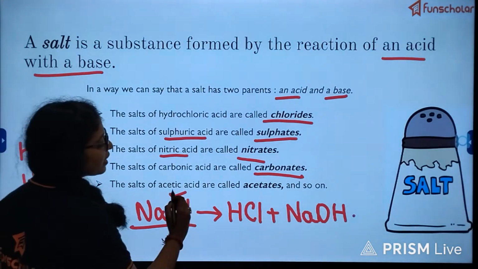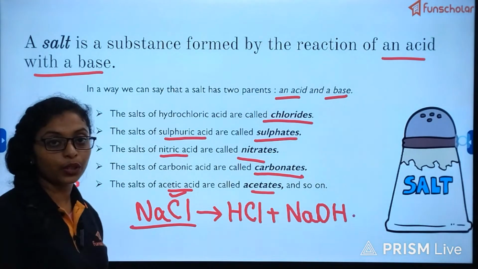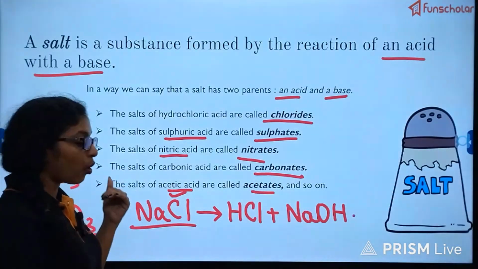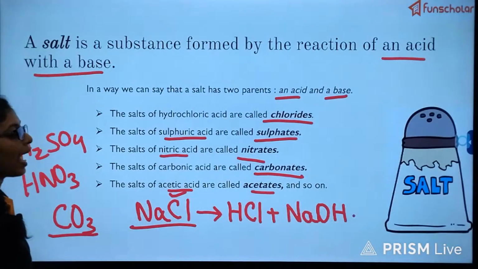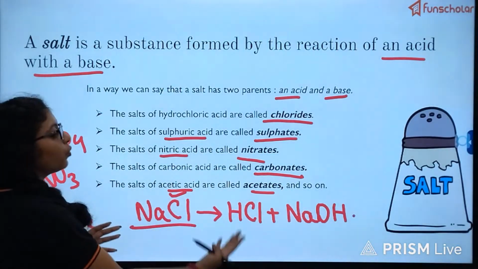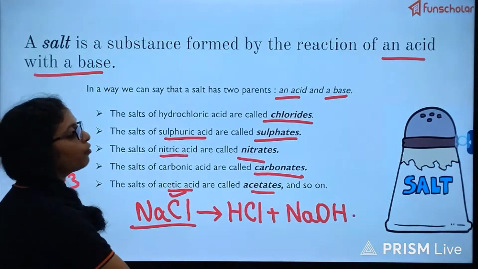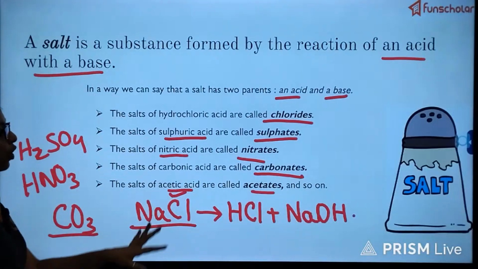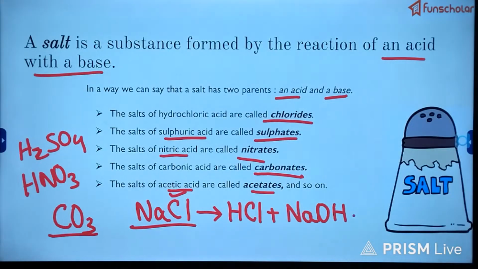The salts of acetic acid are called acetates. In the last example, with baking soda and vinegar, the salt formed belongs to this group, acetates, okay? So that is the rule. This is how different types of acid generate different groups of salt. Just take a look at this slide, and then we will discuss it and move forward to our next slides.